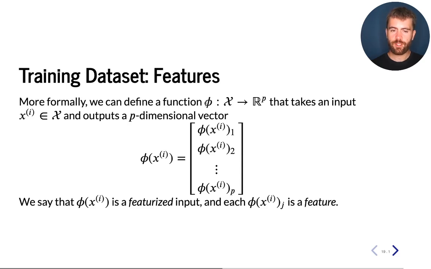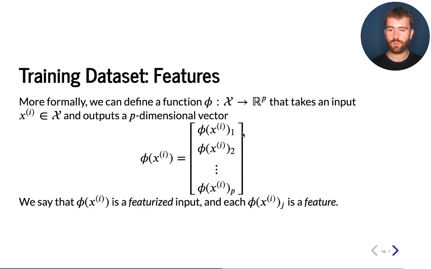So this function phi takes an input object x and its attributes, and it will output another vector, which is going to have some other dimension p, which may be different from d, it may be larger, it may be smaller than d, so the output of this function will again look like a vector with p components. So here I have applied the function phi to an input object x, and the result is a vector of dimension p. These are p scalar numbers, and each of them represents a different feature.